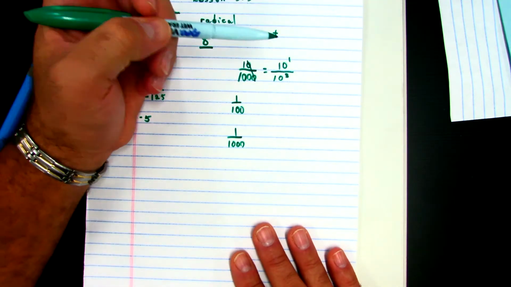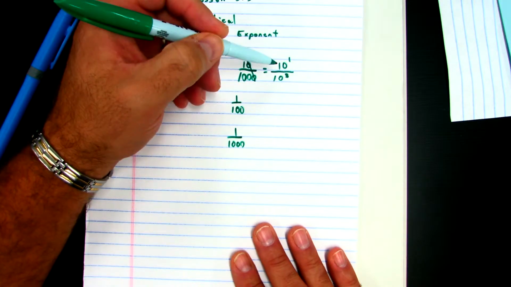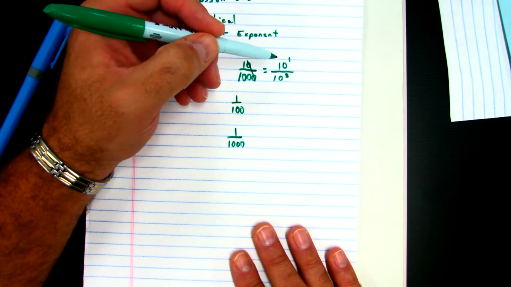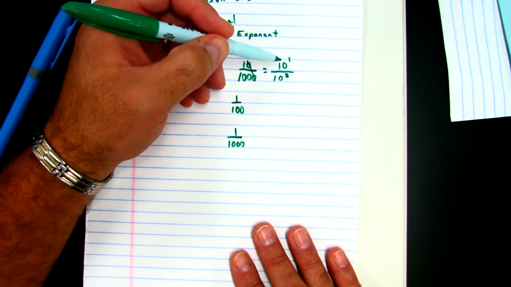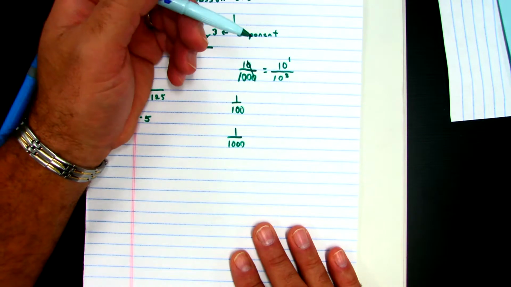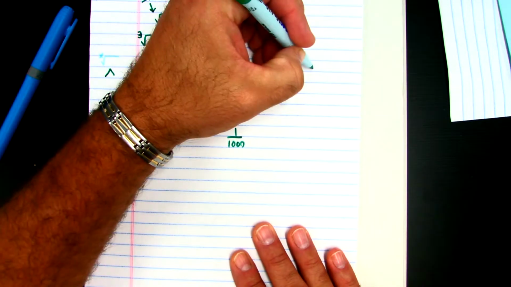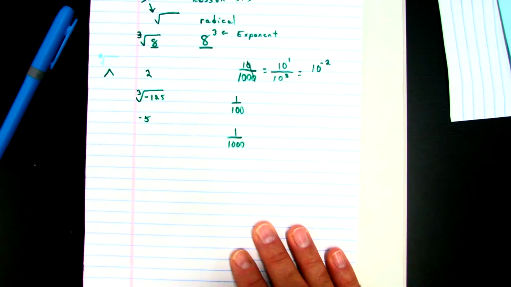The rule is, when you divide the same base, you subtract the exponents. So when you divide with the same base, you subtract the exponents, which tells me I would do 1 minus 3, which you should know is negative 2.